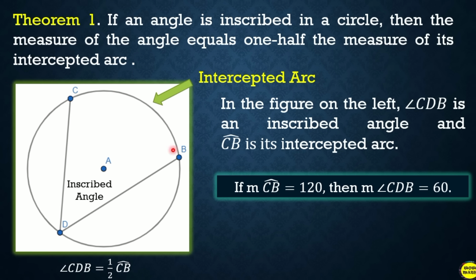So arc CB is 120, then the measure of angle CDB is equal to 60. Remember, class, that the inscribed angle is always half of its intercepted arc. And if the angle is the given, we just multiply by 2 to get the measure of the arc. The arc is twice the measure of the inscribed angle.